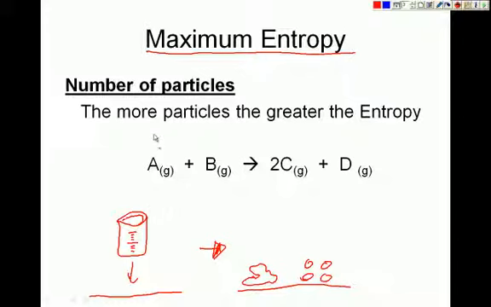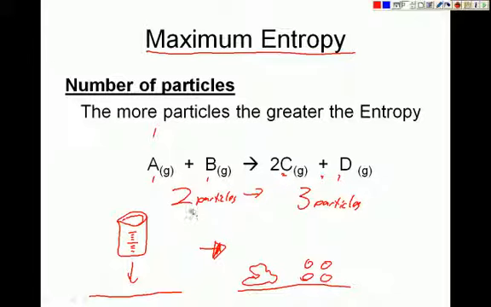And that's the same thing for reactions. When reactions happen, it is more likely, it is more random, for things to break into many pieces than for things to break into fewer pieces. So what we see here is reactants A plus B going into 2C plus D. In other words, we have one particle plus another particle, so two particles, and they are reacting to make 2 plus 1, 3 particles.